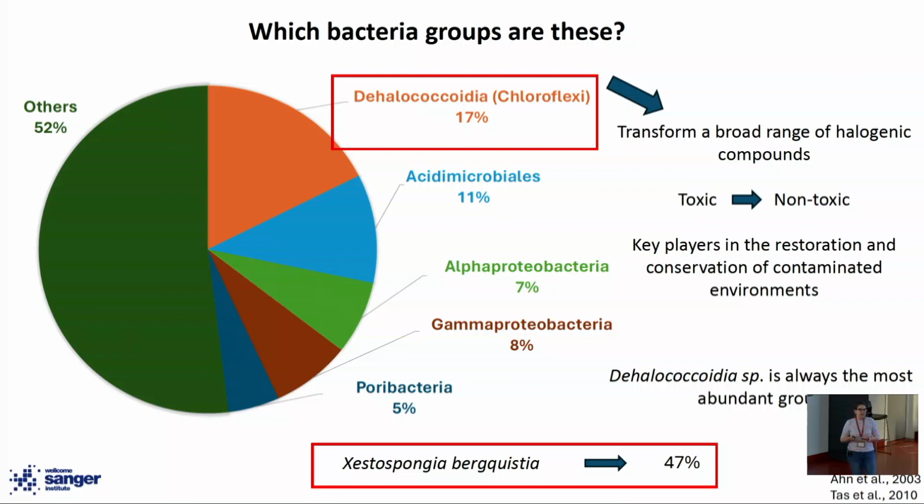So they play a really important role in the restoration and conservation of contaminated environments. Usually the Halococoidea group is the most abundant group in the MAGs that we have. An example of this is the sponge species at the bottom, where 45% of the MAGs are from the Halococoidea.